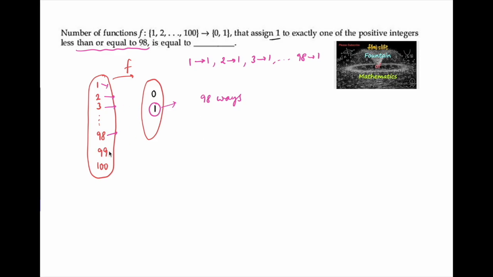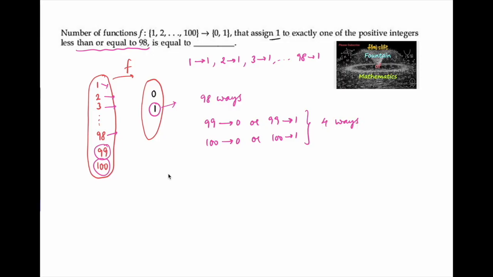Similarly, the next remaining two numbers, 99 can be assigned to 0 or 99 can be assigned to 1. So there is no condition. Similarly, 100 also can be assigned to 0 or 100 can be assigned to 1. So here total 4 ways are there.